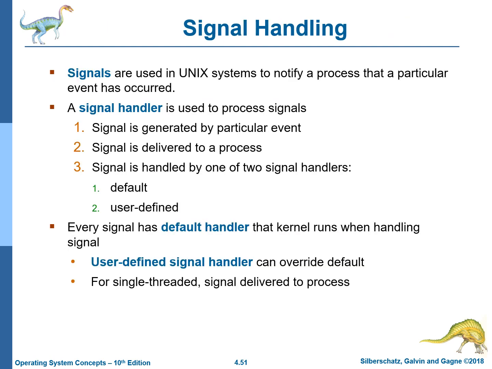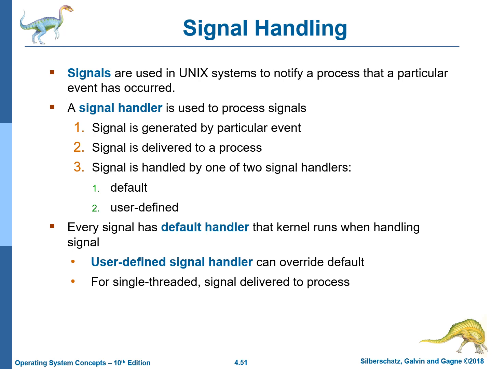Signals are used in Unix systems to notify a process that a particular event has occurred. A signal handler is used to process signals. A signal is generated by a particular event and delivered to a process.